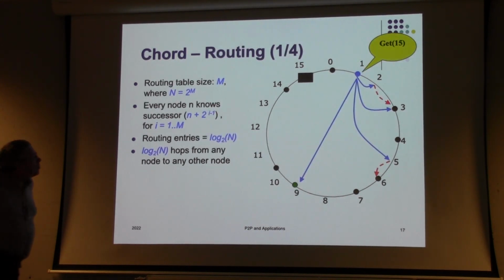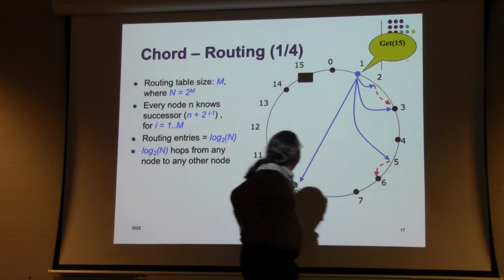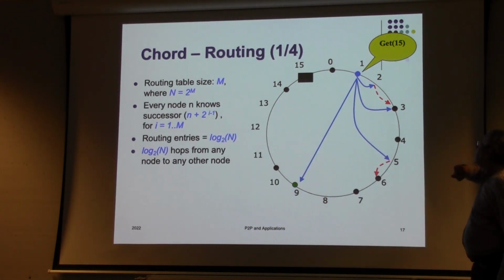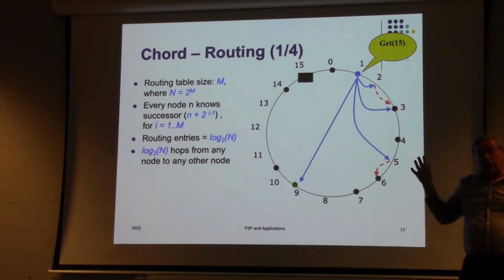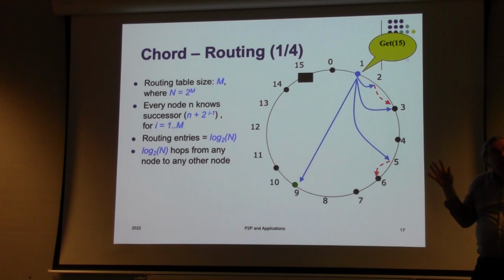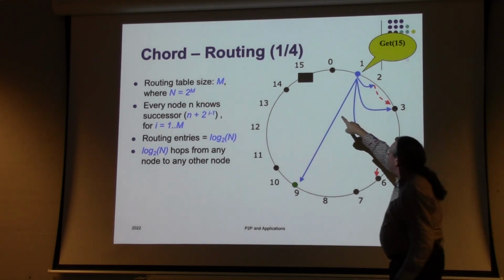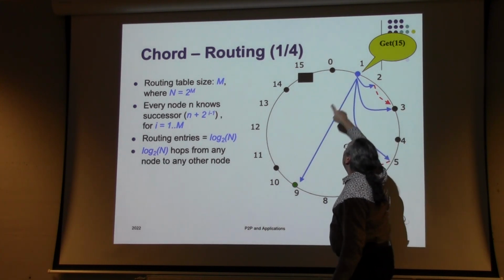So let's say I'm at node 1, and I want to get file number 15. Well, this whole thing is completely decentralized, so I don't know where it is. Node 1 does not know where it is. But it knows how to get closer. File number 15 will actually be stored at node 0.